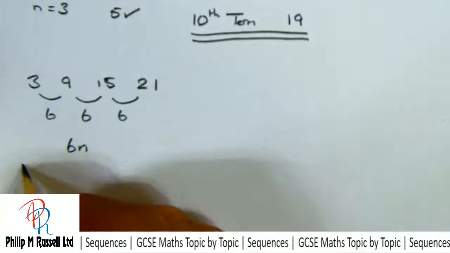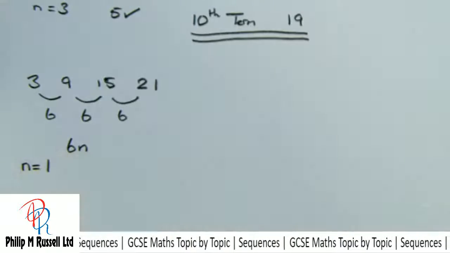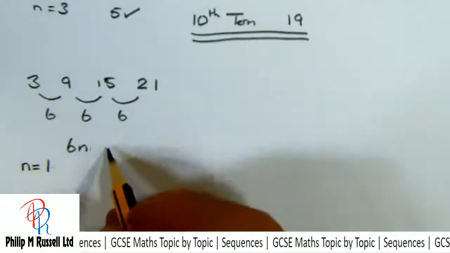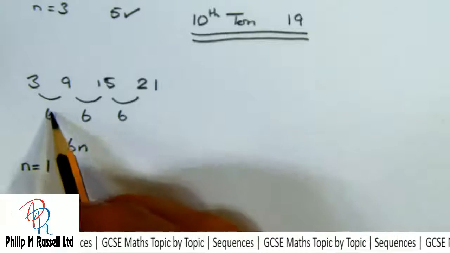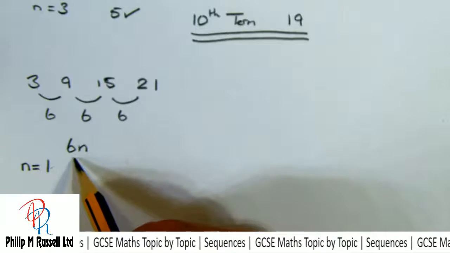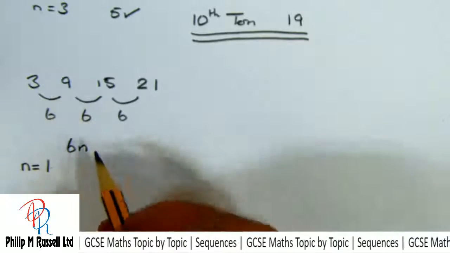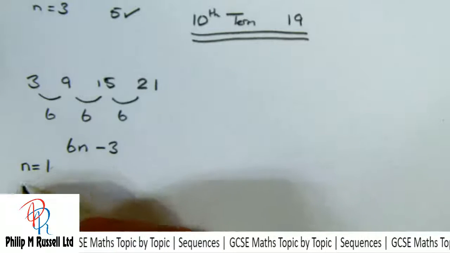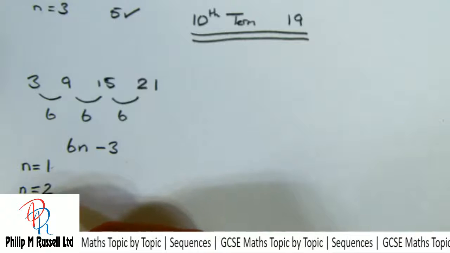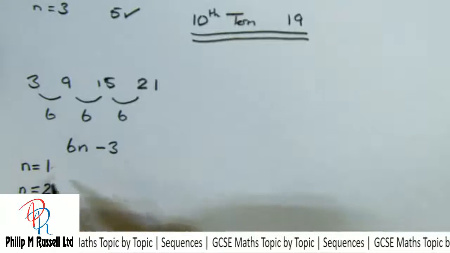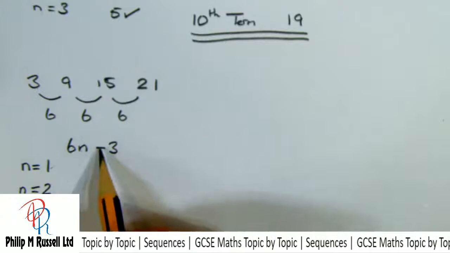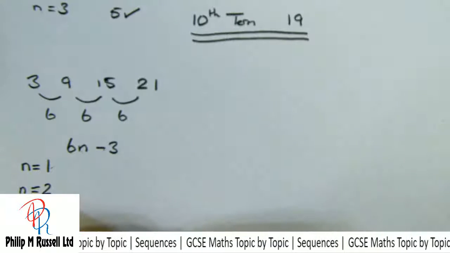Let's set n equal to 1. 1 times 6 is 6, but I want 3, so I need to take 3 off my 6 to get down to 3. Let's try n equals 2. When n equals 2, 2 times 6 is 12, minus 3 is 9, and it fits.